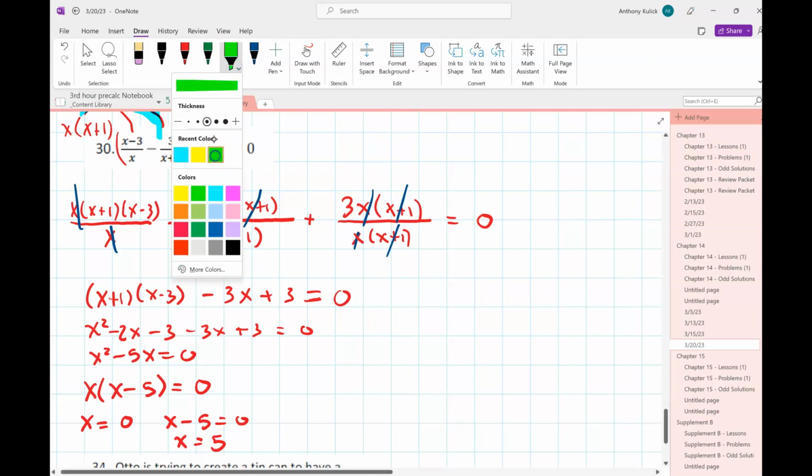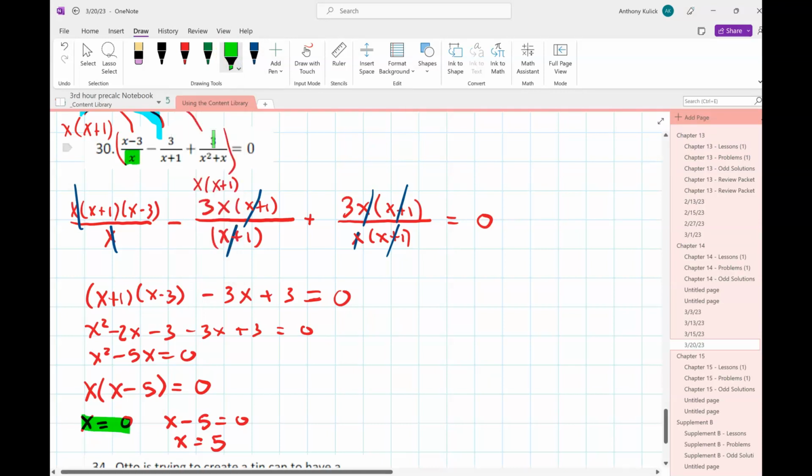So if I'm plugging 0 back into the beginning, is that okay? No, not at all. Why not? Everything will be undefined. That would give me a 0 denominator, right? What about plugging 5 in? Is that going to be okay? Yeah, that's going to be fine.